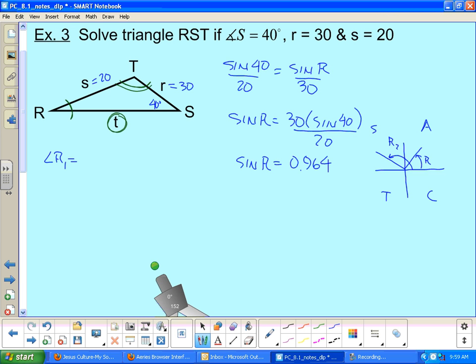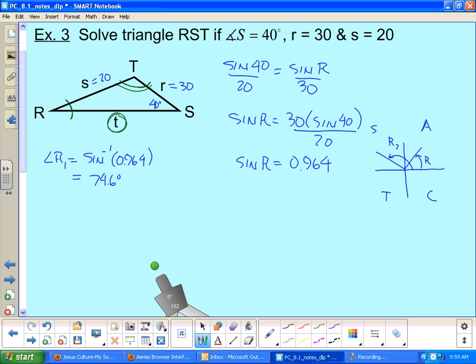by doing the inverse sine of 0.964. What do you guys get here? What am I going to get if I do inverse sine of 0.964? 74.6. We'll go with that.